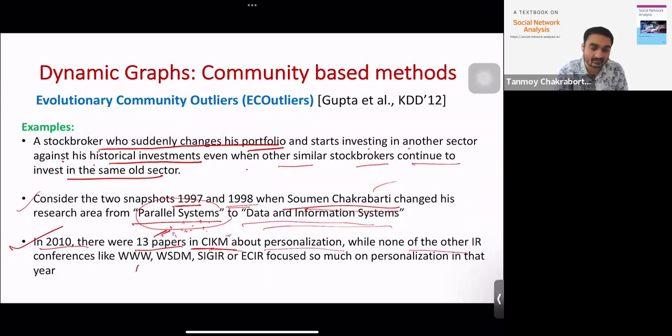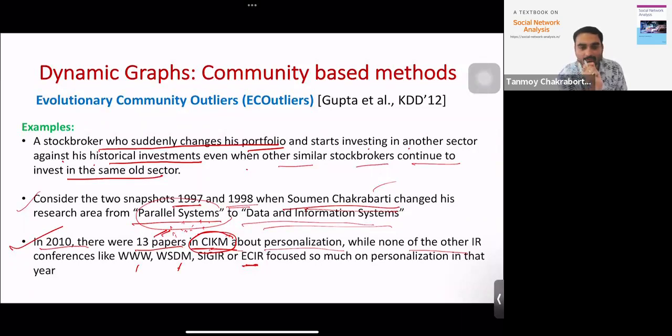Whereas other similar IR venues like WWW, WSDM, SIGIR, ECIR did not publish any paper on personalization that year. Therefore, CIKM acts as an anomalous entity in this particular network. The community is the IR community, with conferences like CIKM and WSDM, and CIKM acted as an anomalous entity in 2010.